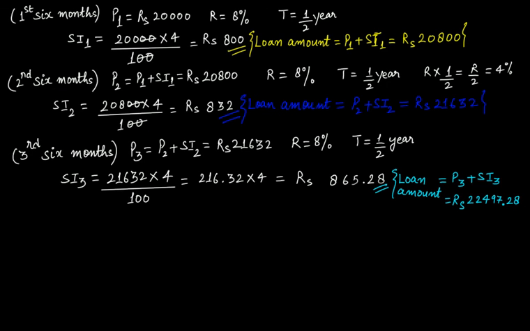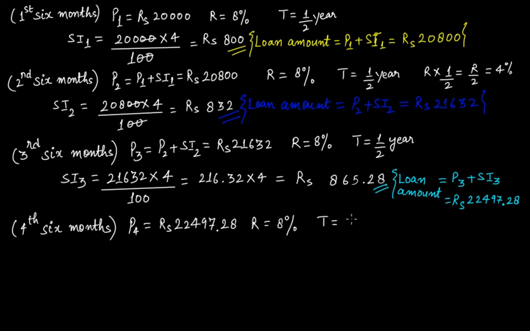Now, this loan amount at the end of the third period of 6 months will be the principal for the fourth period of 6 months. So P4 will be equal to rupees 22,497.28. Your rate is again 8%, your T is again half year.